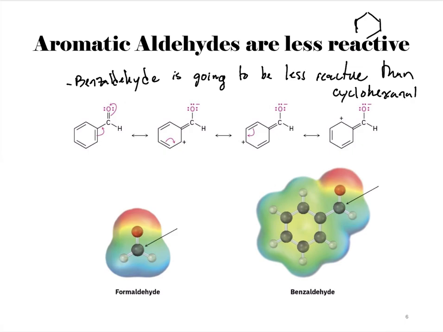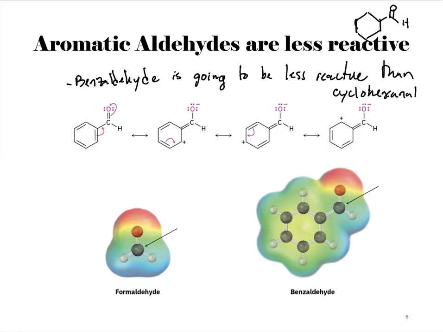So that looks something like this. Draw that better. Something like this, right, where we don't have the aromatic ring there to then resonate with the carbonyl group, and that means that it's not going to be as reactive when you have the aromatic ring there, because you don't have this stabilization from the resonance phenomenon, right? So whenever we think about reactivity, we're also thinking about what's going to be more stable. The more stable something is, the less reactive it's going to be, right?